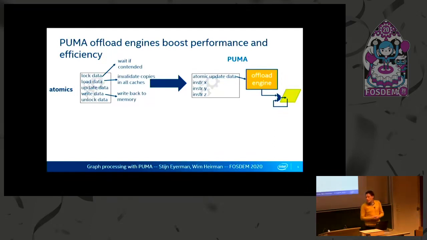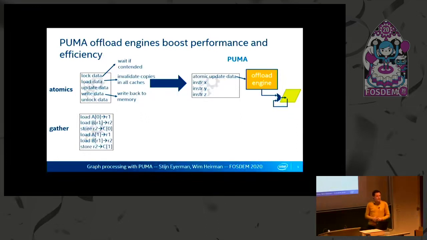The core just issues an atomic instruction, but leaves the execution over to the offload engine, and the core can continue executing other instructions in the background. So the operation is done in the background, and the offload engine looks where the data is located and performs the update locally.